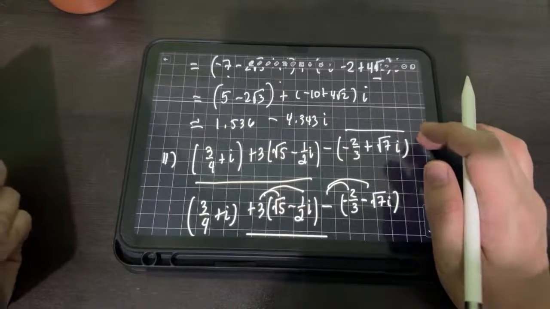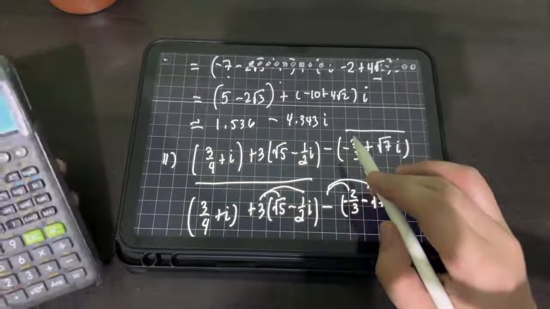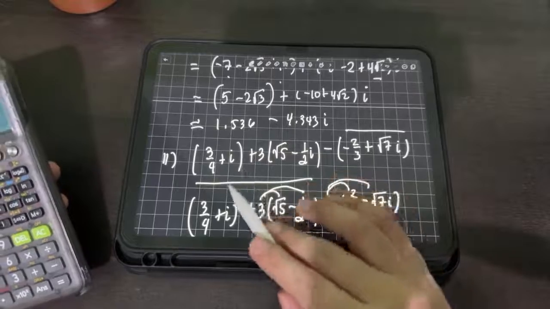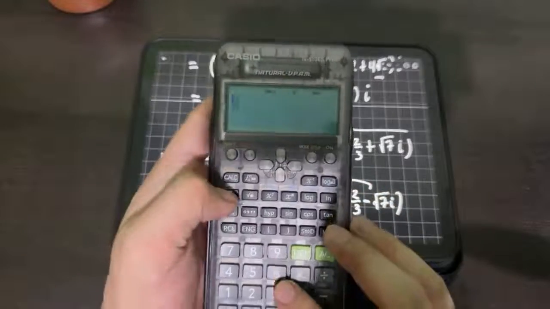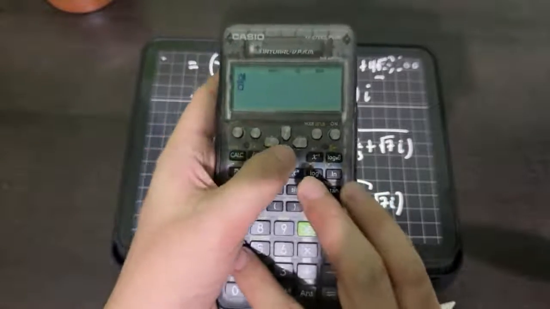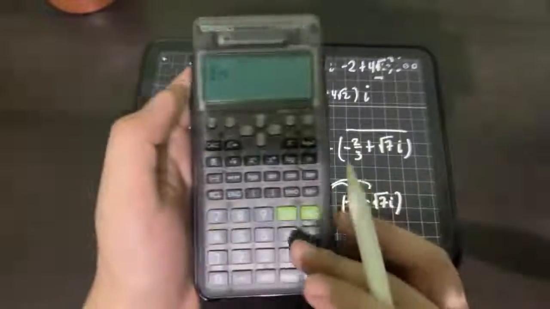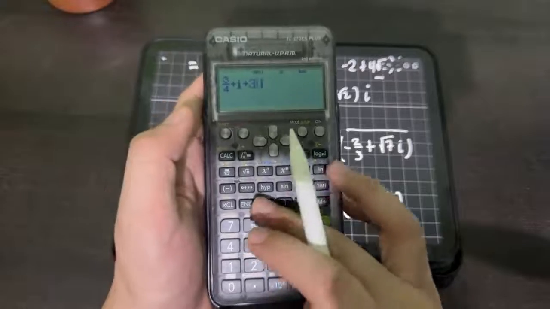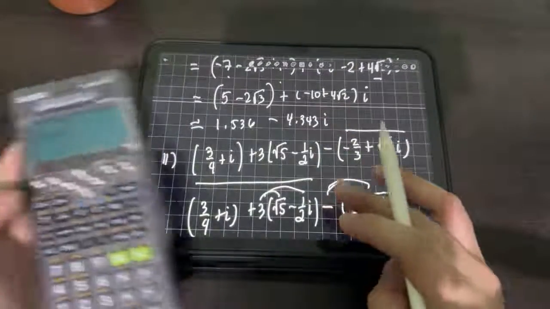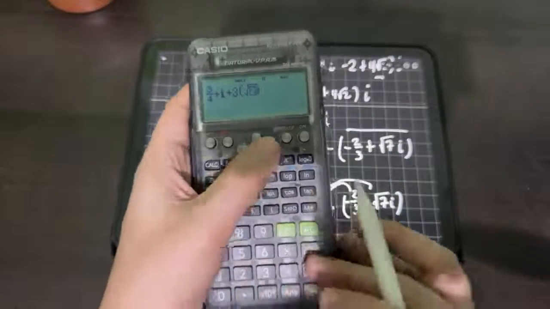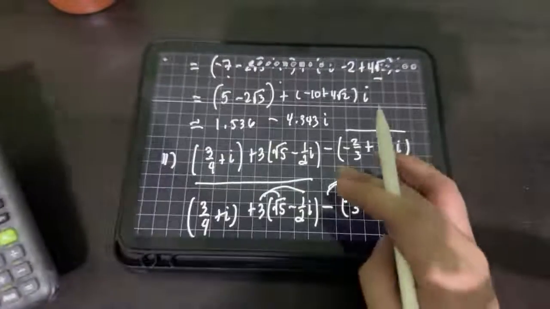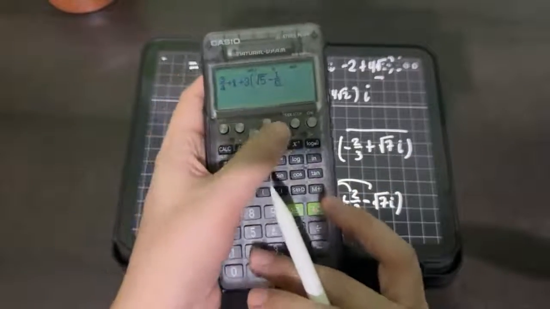Okay. This one, let's input again. So 3/4 plus i, then plus 3 times square root of 5 minus 1 half i.